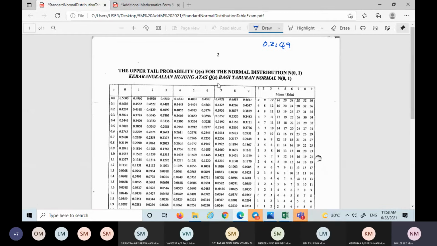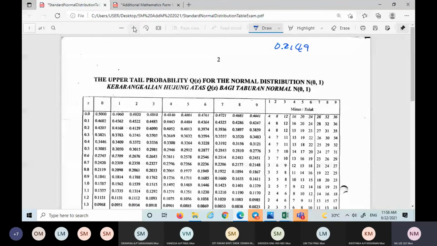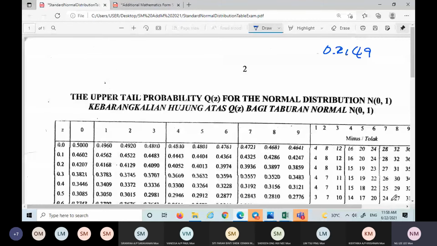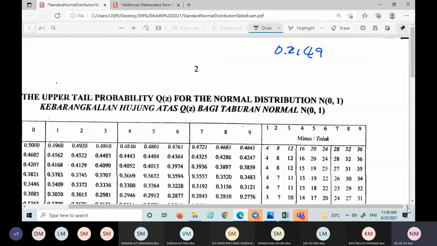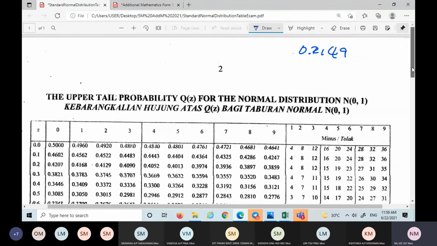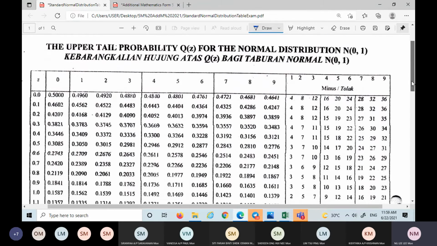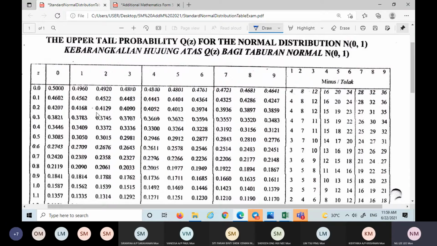Okay, I'll make it bigger. 0.2149, again, right here. So you see, here is 22. 2222, 2177.